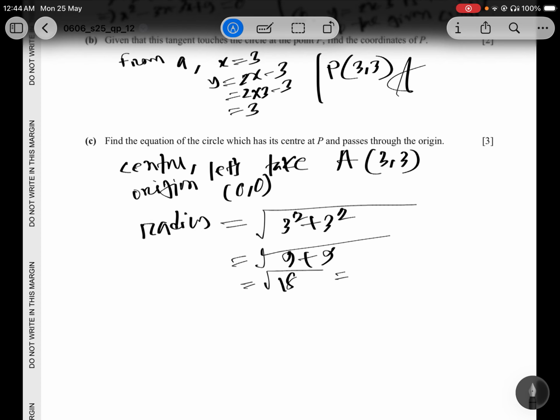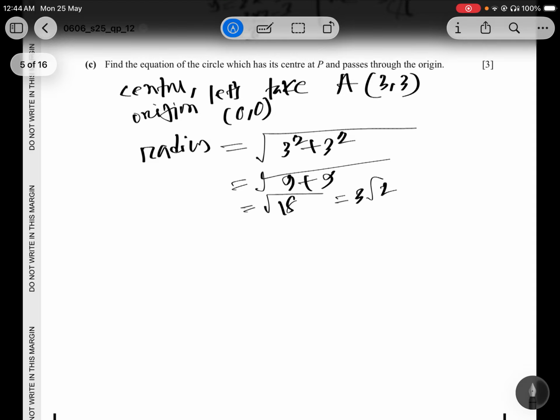Okay, so what can I write down, like 3 root 2. Okay, our radius is done. Now I have to find the equation of the circle. Achha. (x minus a) whole squared plus (y minus b) whole squared is equal to r squared. Standard form of a circle.